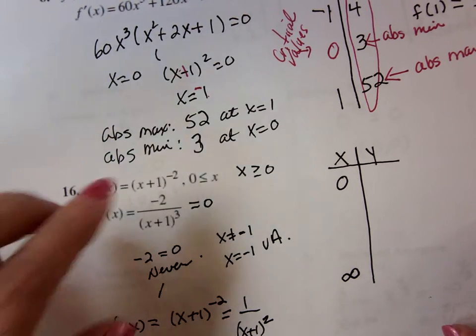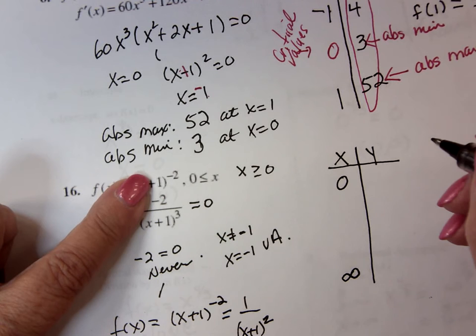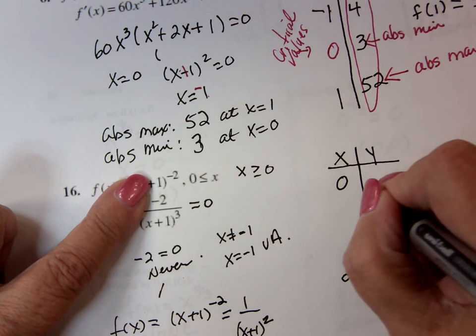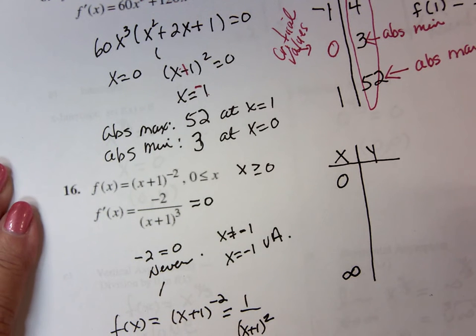So I need to put 0 in, and that's 1 to the minus 2. What's 1 to the minus 2? 1. Or put 0 in here.